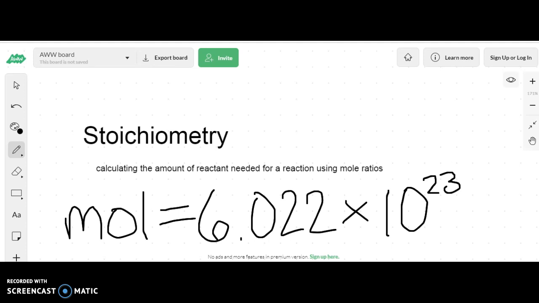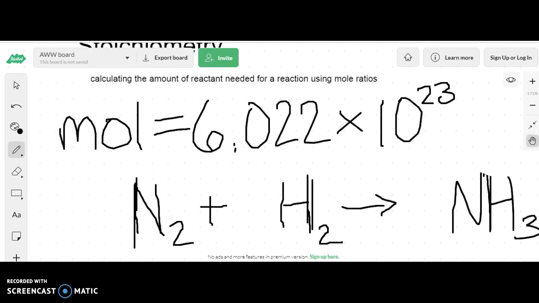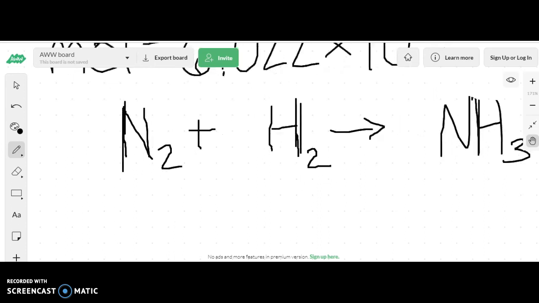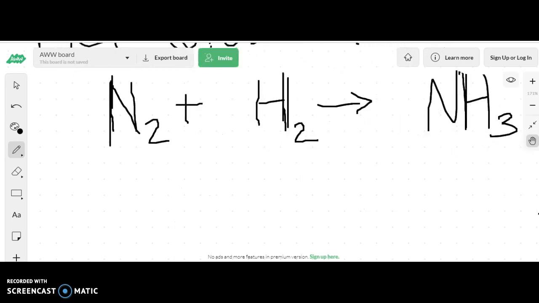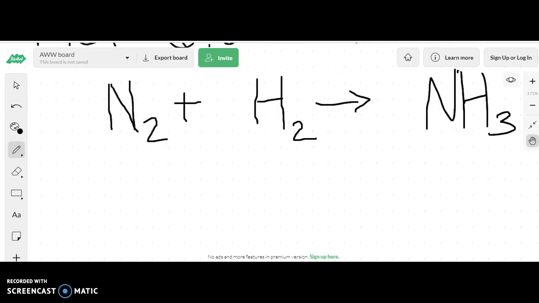So we're going to jump right into the first problem here. I'm just going to scroll the screen up a little bit. What we have here is N2 plus H2 reacts to form NH3, which is nitrogen plus hydrogen reacts to form ammonia. So what we need to do is to balance the equation.